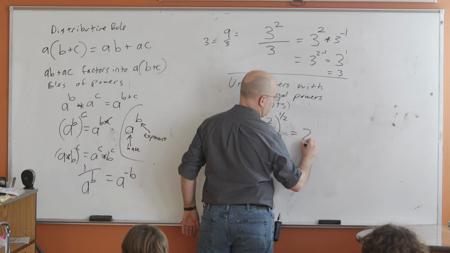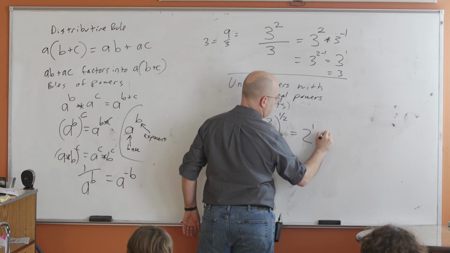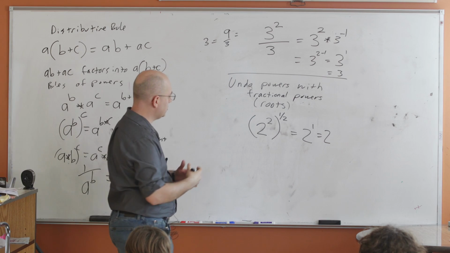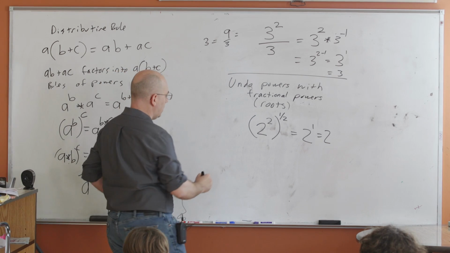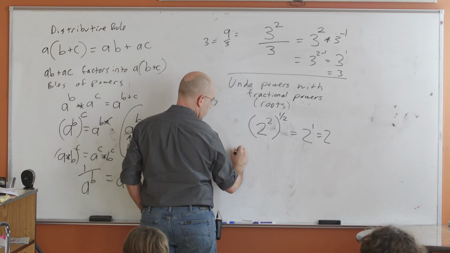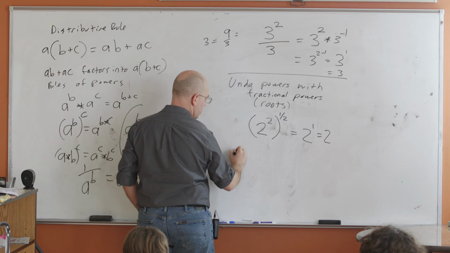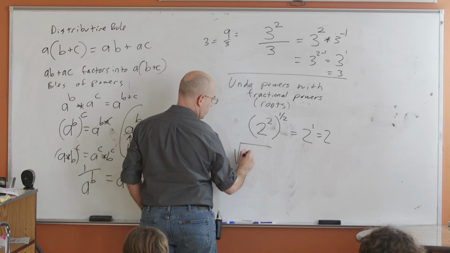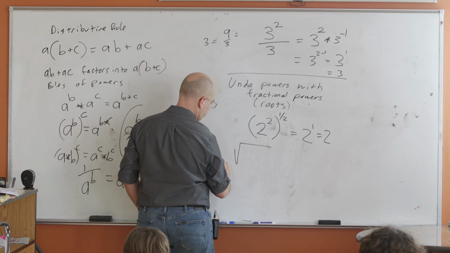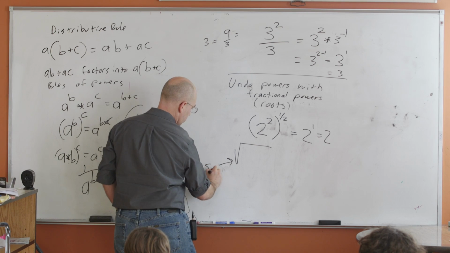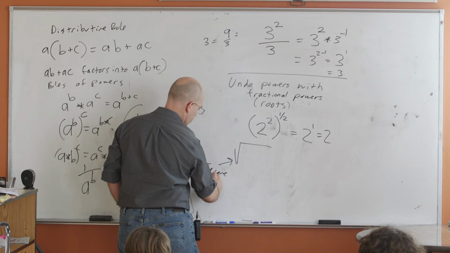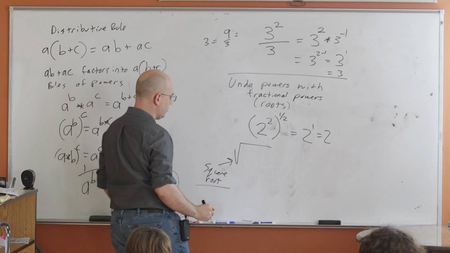And so formally, that just is sort of how it's undone. And a special symbol for this is the square root of a number. Square root.